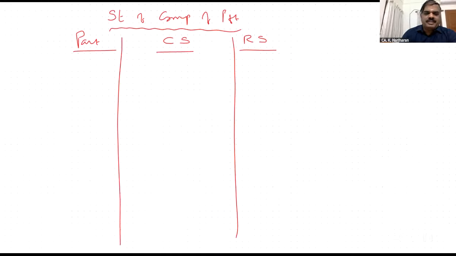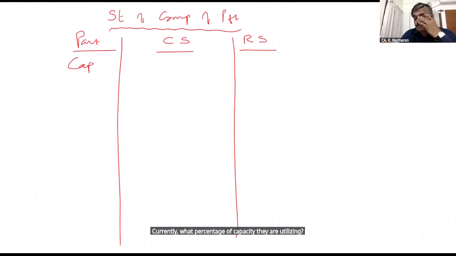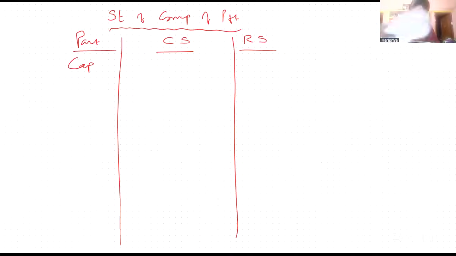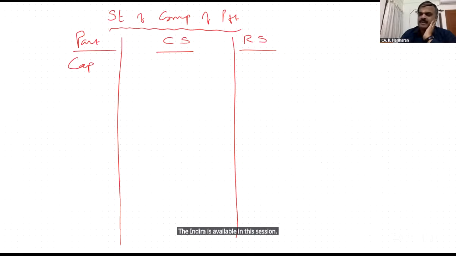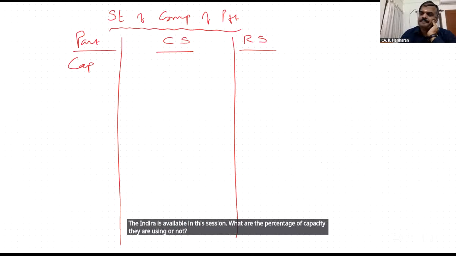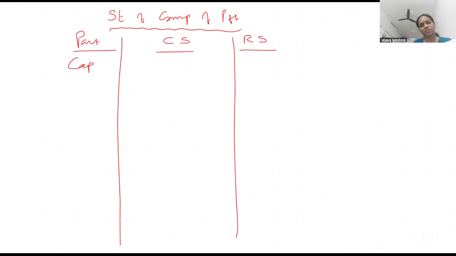Capacity is given in this question. Currently, what percentage of capacity are they utilizing? Kindly refer, it is available in this question. The company is running at 30% capacity.